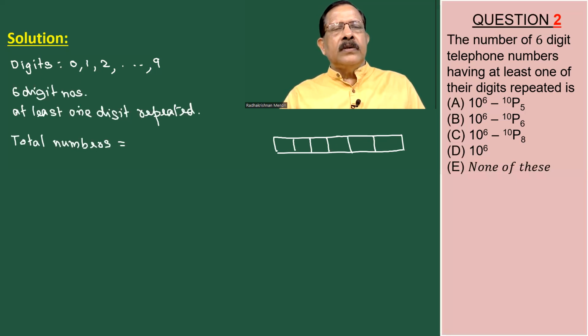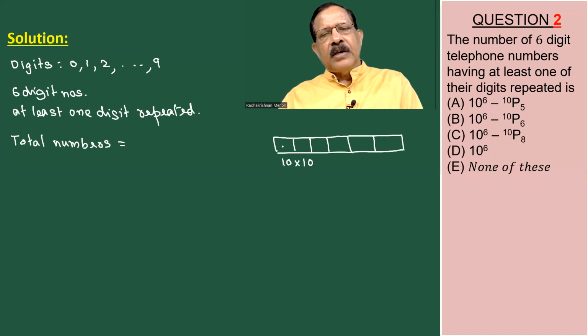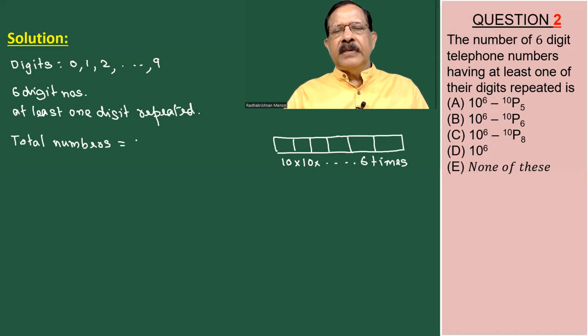So here a digit can occur in 10 different ways, and here in 10 different ways, because digits can be repeated. 0 can occur in the first box, etc., 6 times. So total number of different telephone numbers will be 10 into 10 into 10, 6 times, which is equal to 10 raised to 6.